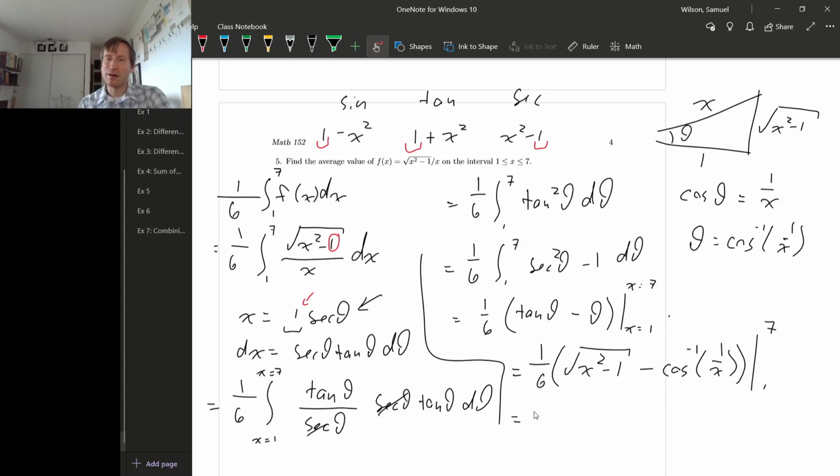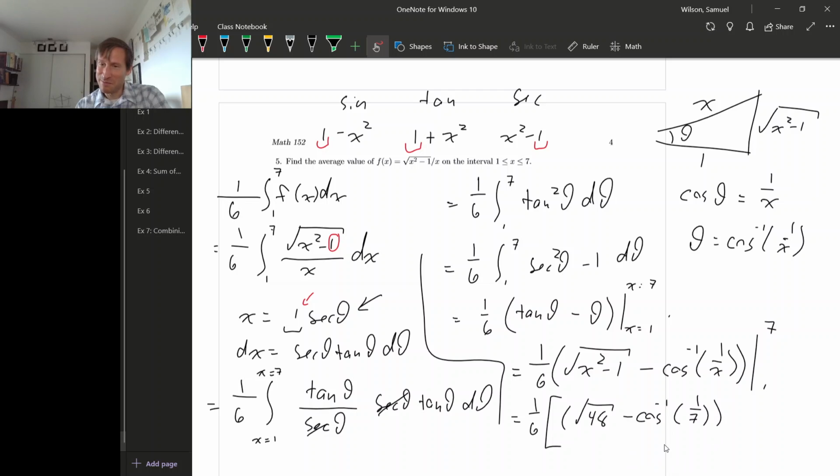And now we can plug in our bounds. So 1 over 6 times, this is going to be a mess, square root of, let's see, 7 squared is 49, minus 1 is 48, so square root of 48. This square root probably simplifies, but let's just leave it as square root of 48 for now, minus inverse cosine of 1 over 7.